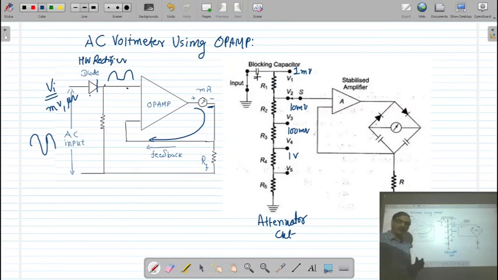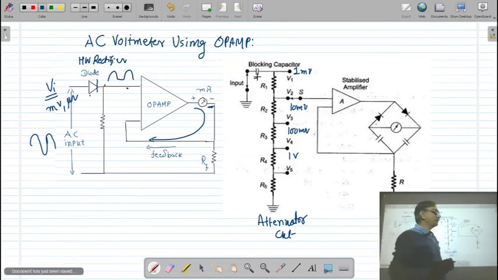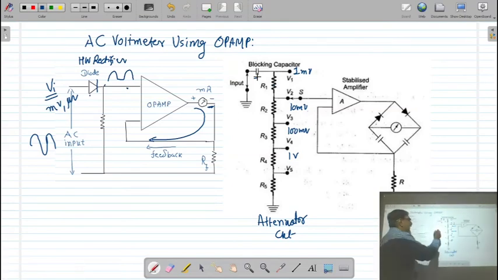Suppose your AC voltage contains some DC, then this capacitor will block the DC. Only the AC is going to pass through this capacitor. Your DC voltage is going to be blocked, and therefore it is known as the blocking capacitor. Then this AC voltage is applied at the input of the amplifier circuit.